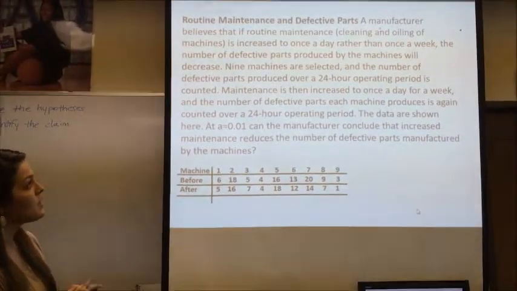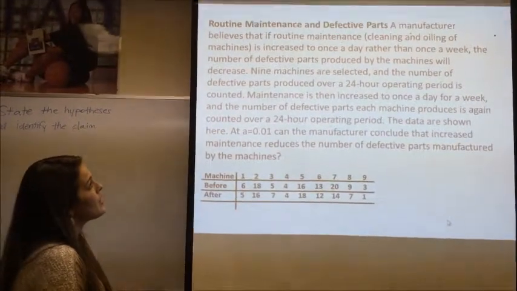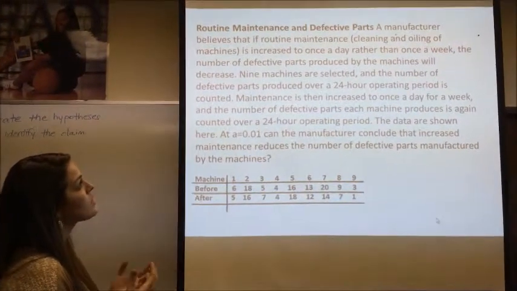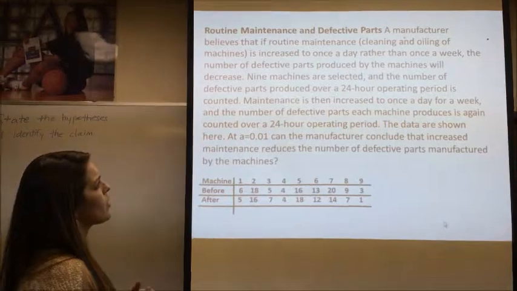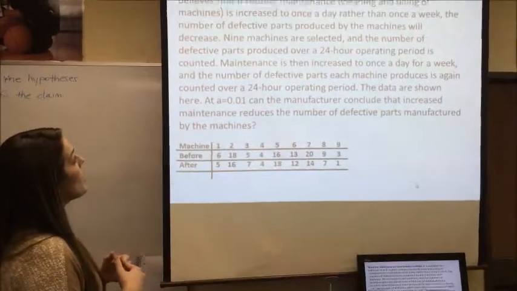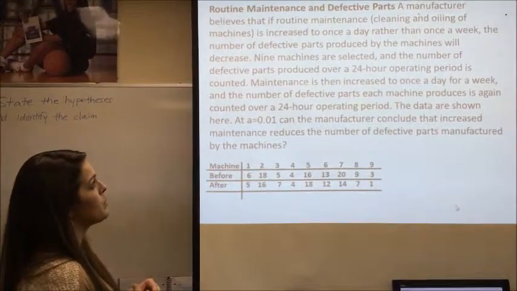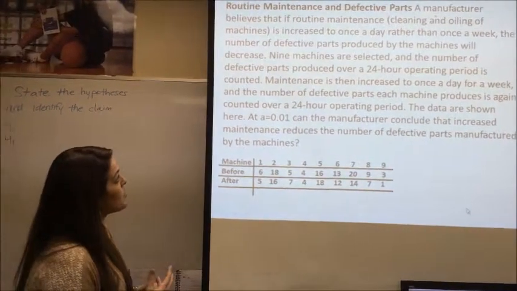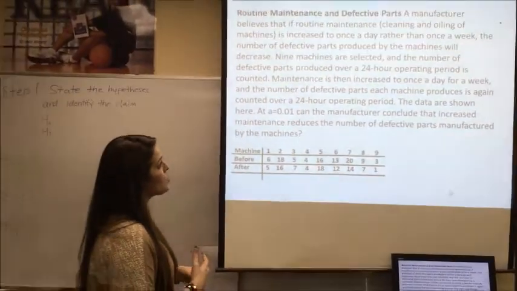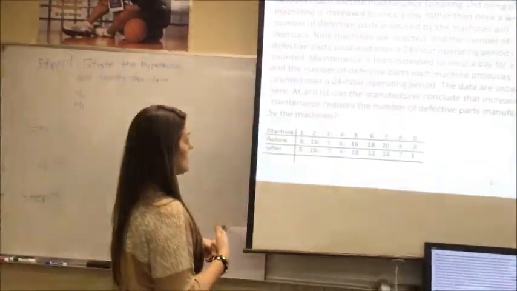Routine maintenance and defective parts. A manufacturer believes that if routine maintenance, cleaning and oiling of machines, is increased to once a day rather than once a week, the number of defective parts produced by the machines will decrease. 9 machines are selected and the number of defective parts produced over a 24-hour operating period is counted.